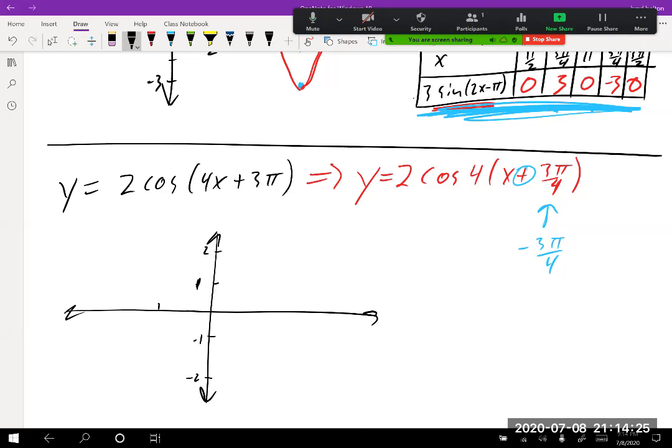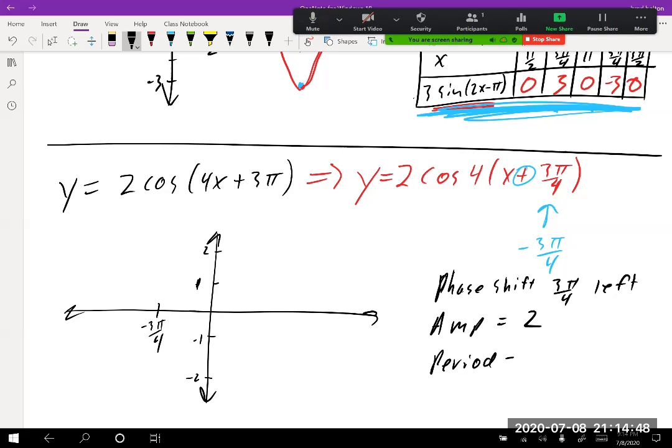So let's say that this is negative 3 pi over 4. So I have a phase shift, 3 pi over 4 left. I have an amplitude equal to 2. I have a period equal to 2 pi divided by 4, or pi over 2.